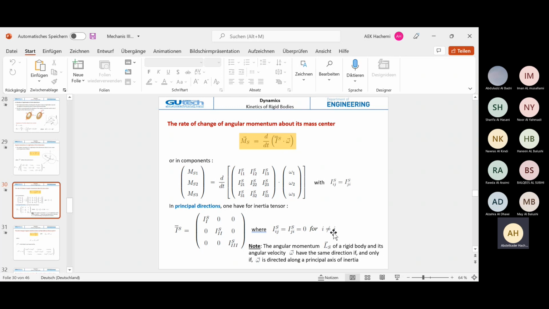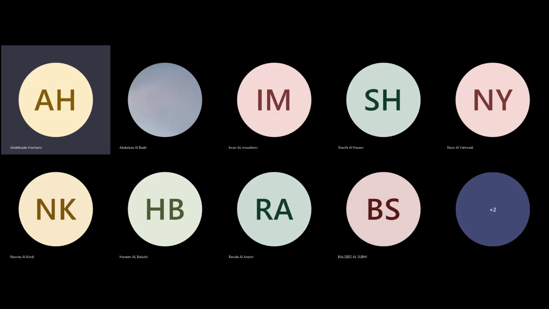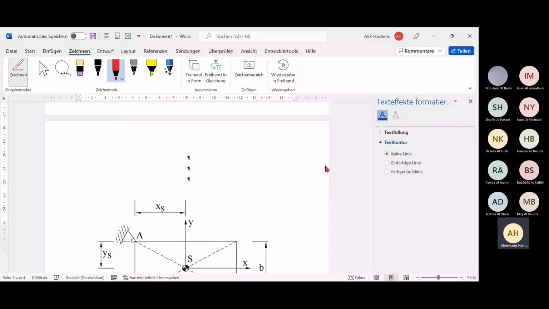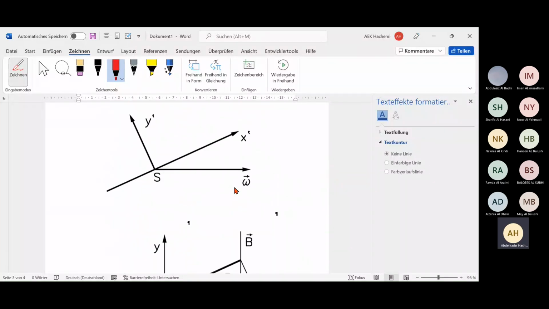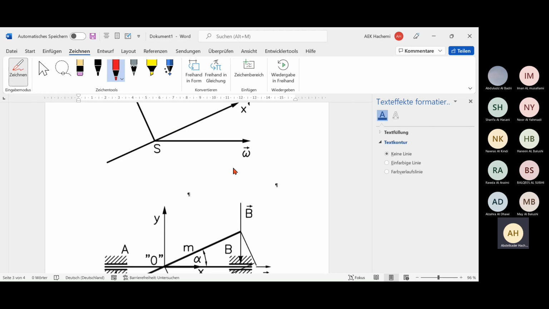Now what we always choose, only for the simplification, is this simple part. For this example, we choose x prime, the principal direction, y prime, which is perpendicular, and z prime, which is perpendicular to the plane x prime, y prime, and you have here our omega.